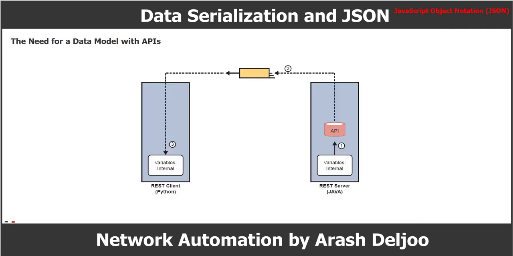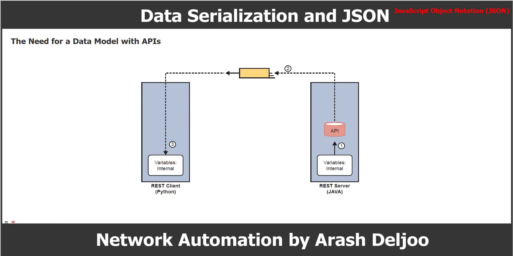Alright, now let me explain the need for a data model with APIs. This figure shows how to move variables in a program on a server to a client program. Actually, first we will learn about the non-working example, and after that we will explain the need for a data model.